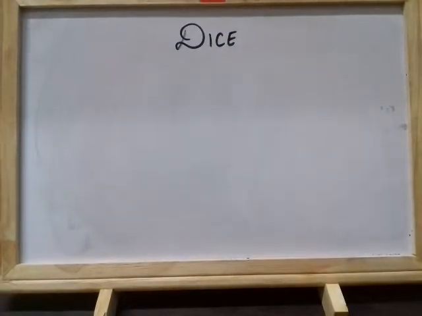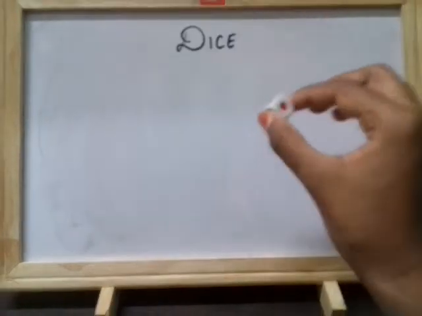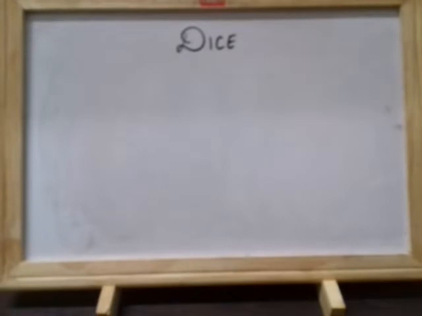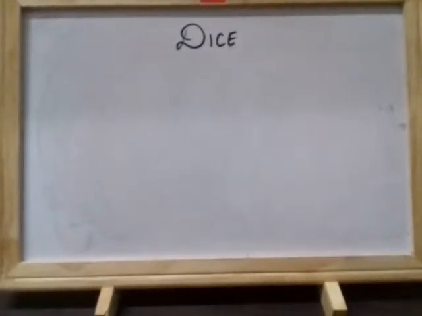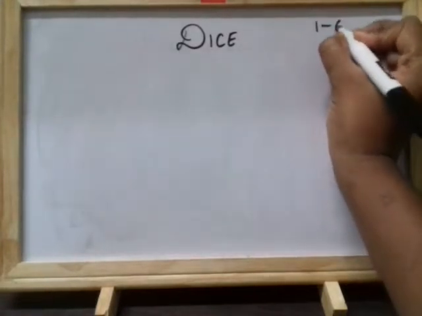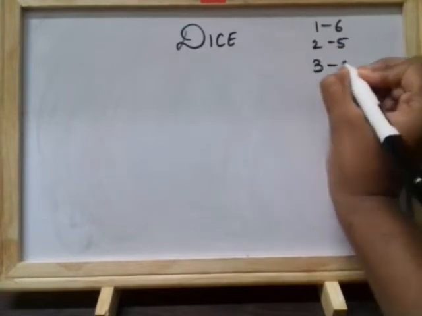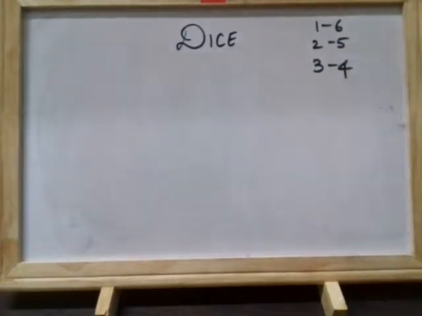Next, before going to the third point, we need to know about how a dice is designated. For this, we take the help of a standard dice. We know that the opposite pairs in standard dice are 1 and 6, 2 and 5, 3 and 4. So there are 3 ways in which a dice can be designated.